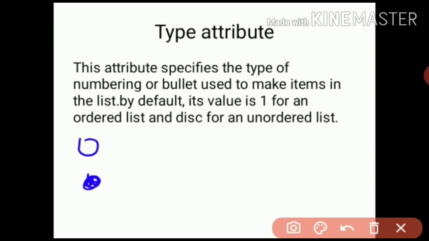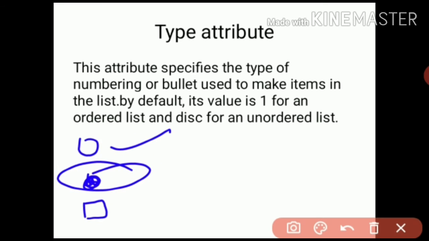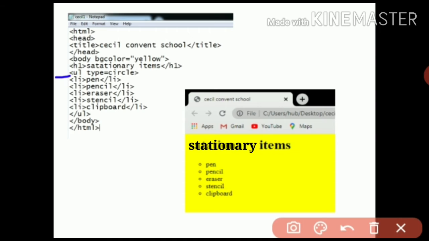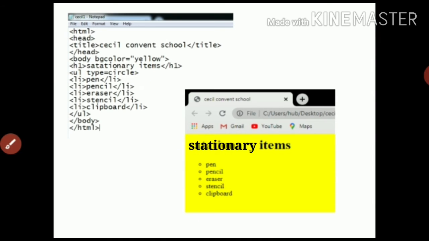If it is filled properly in the circle, it's known as disc, and this one is the square, right? So these are the different values. By default it will start with the disc only, but according to your requirement you can use the circle as well as the square. So here you can see I have written UL type equals circle. So it will give me the values in the circle style. This is the basic coding that we have to learn always, right?